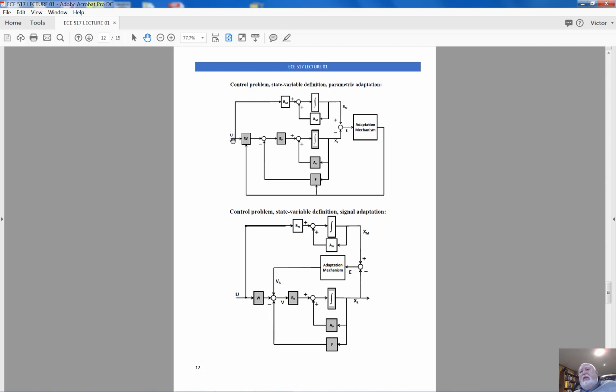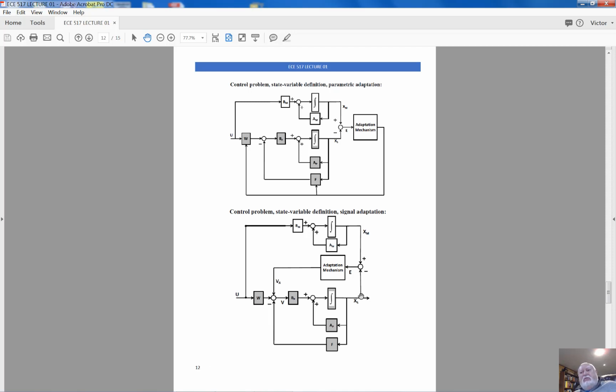And therefore, if we would apply the same input signal to the reference model, to the simulator, and to the real physical system, the states will be different. And we extract the error, and we introduce the adaptation mechanism. And this adaptation mechanism is responsible for modifying the feedback controller and for modifying the filter in the reference channel. Surely parametric adaptation.